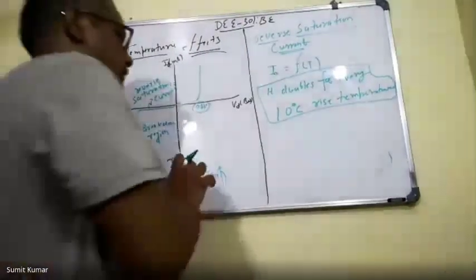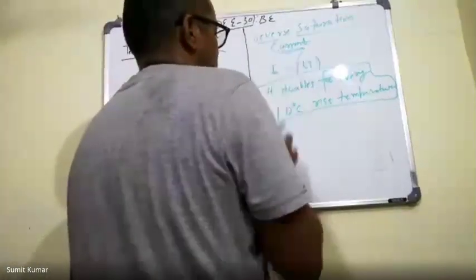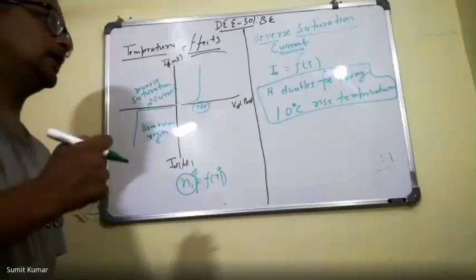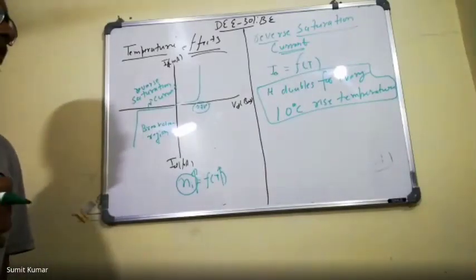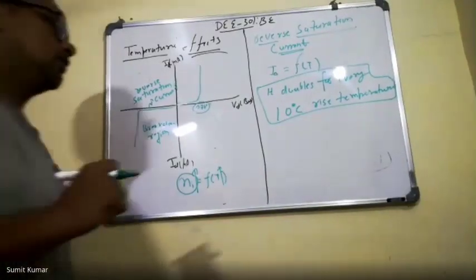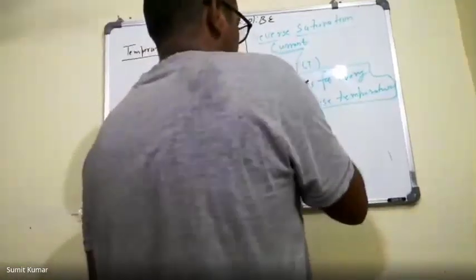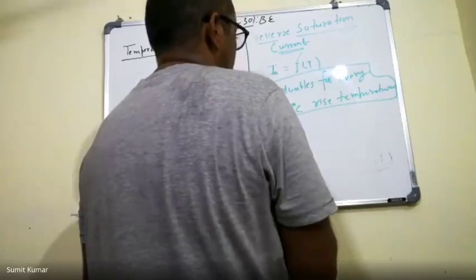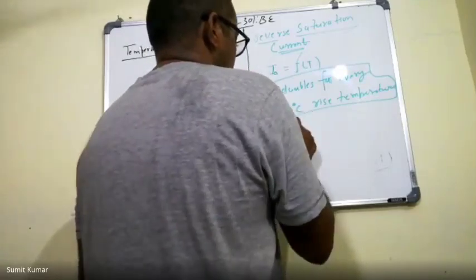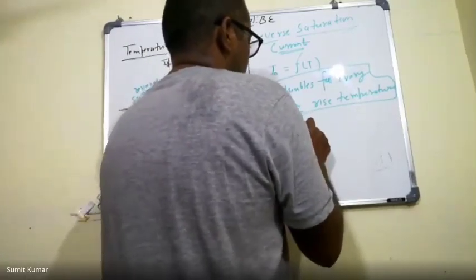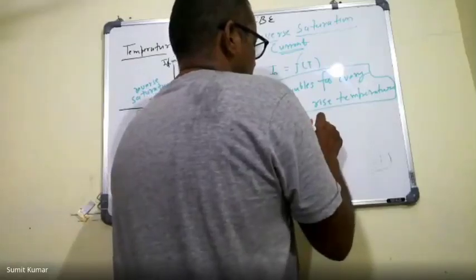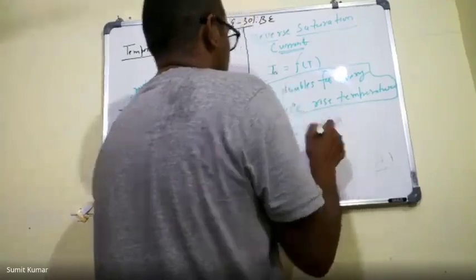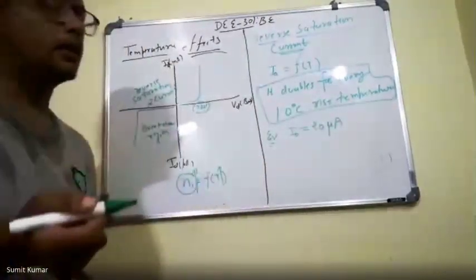So as we have concluded, this reverse saturation current is a function of temperature, and it doubles for every 10 degrees Celsius rise. Let us take an example in order to make it more clear. If at some certain temperature I naught is 20 microampere, because this reverse saturation current is of the order of microampere.